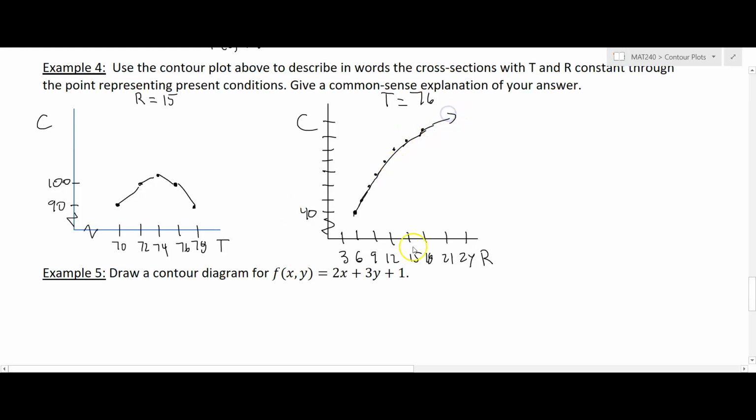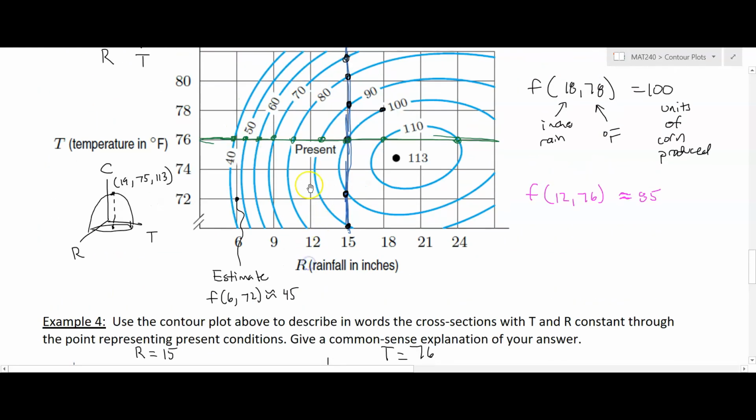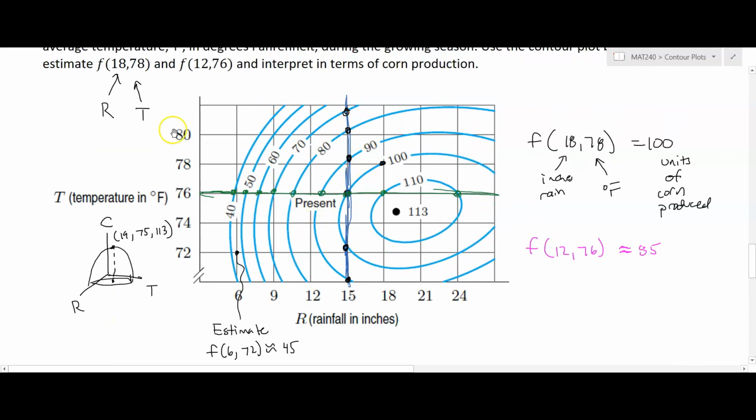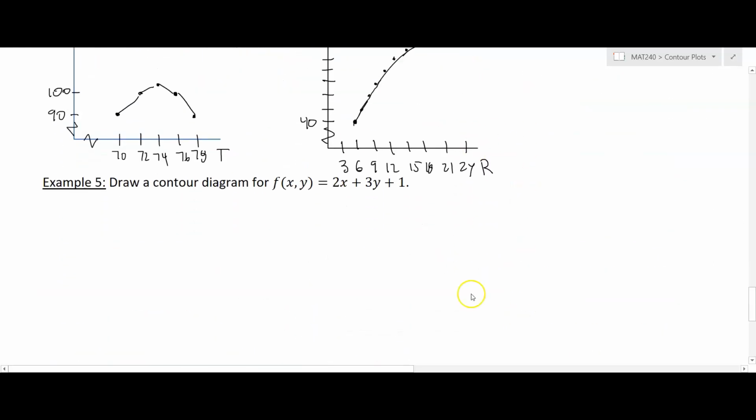And so while rainfall increase does help corn production, 3 inches of rainfall is not always going to yield the same increase in corn production. So we can do some really powerful analysis. This may just seem like a graph, but there's a lot of information in this, and the more we focus on holding something constant, the more we can see the relationship between any two variables that we want.